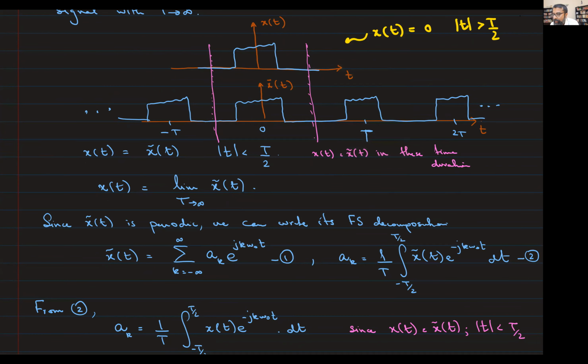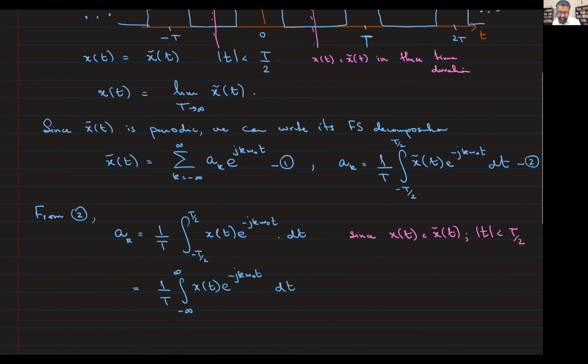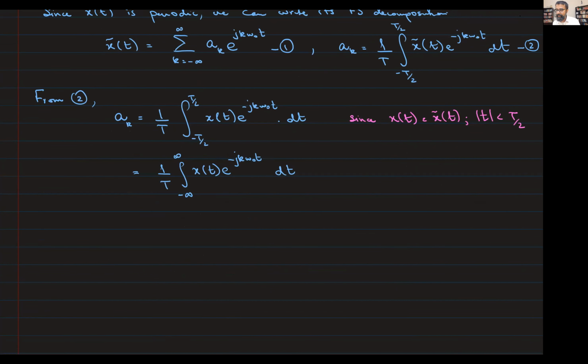Because it's 0 everywhere else. So this is an assumption we're making, we assume that x of t is 0 outside of the interval from minus capital T by 2 to plus capital T by 2. And that's why I can just replace the limits from minus T by 2 to minus infinity and T by 2 to plus infinity, since x of t equals 0 for all values of t outside this interval.